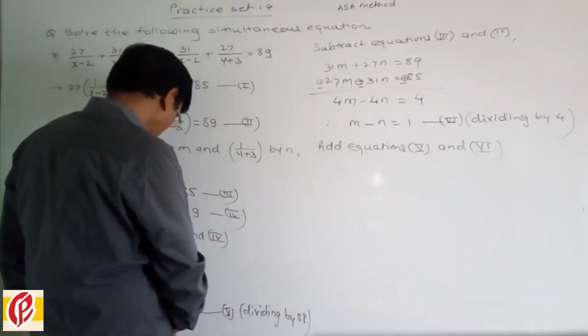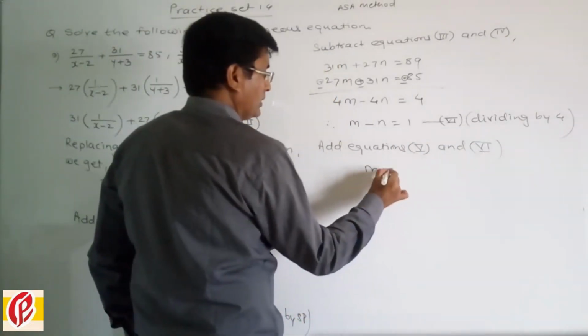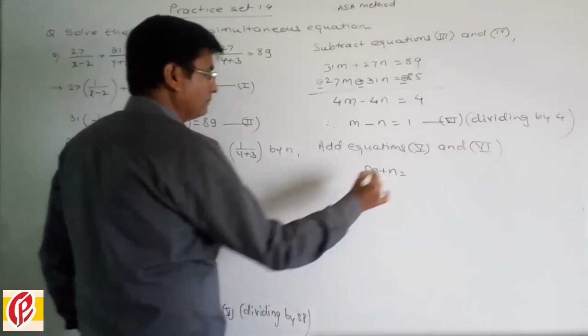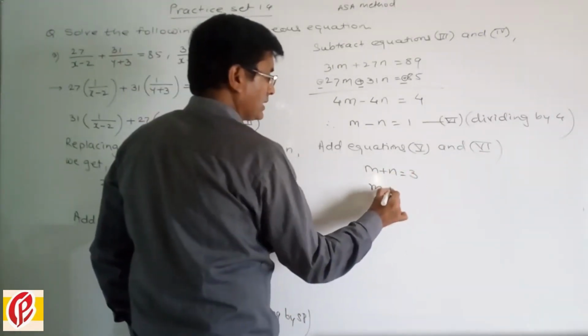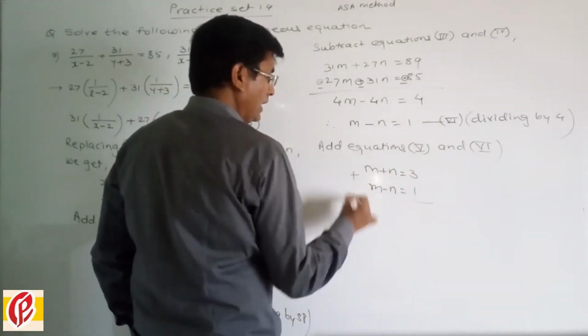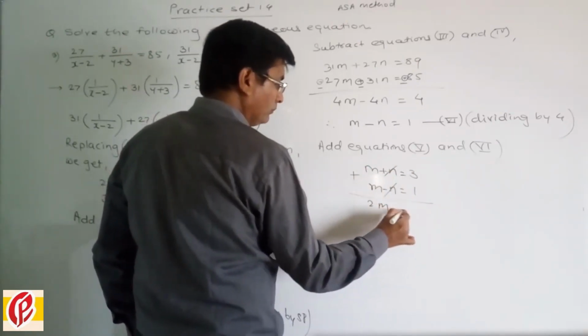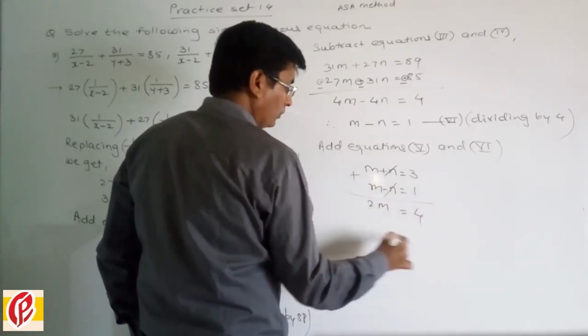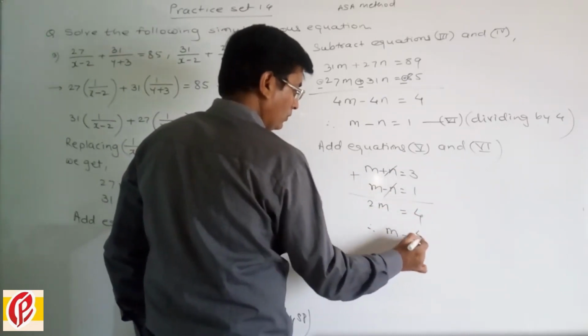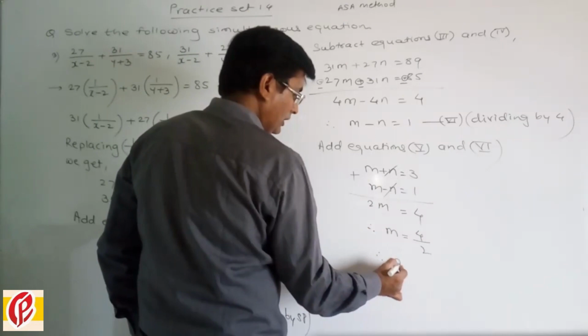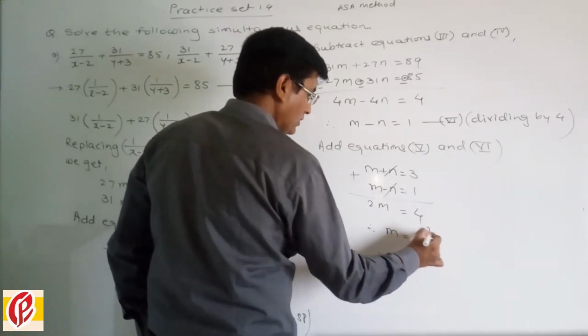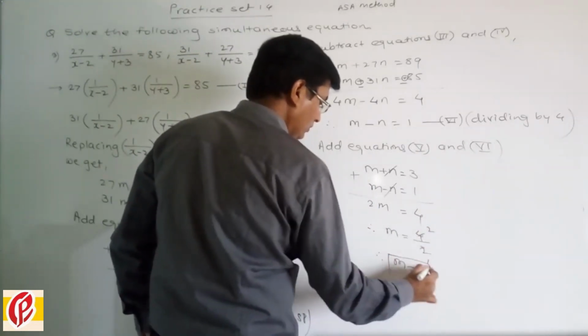So 5th equation is m plus n is equal to 3 and m minus n is equal to 1. So add this. Plus n minus n cancel, m plus m 2m and 3 plus 1 4. So m is equal to 4 divided by 2. Therefore m is equal to 2. We get m is equal to 2.